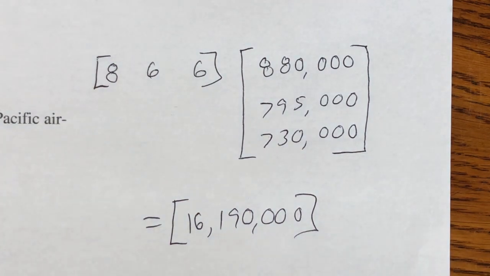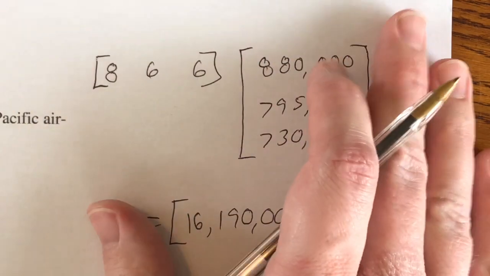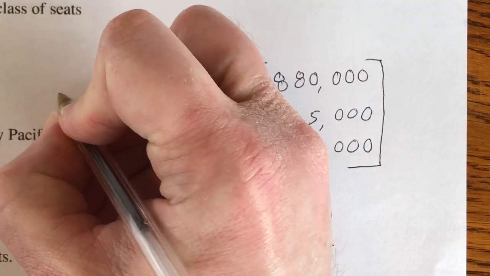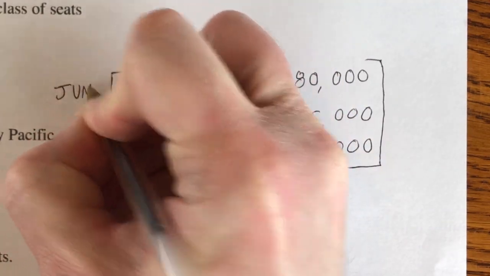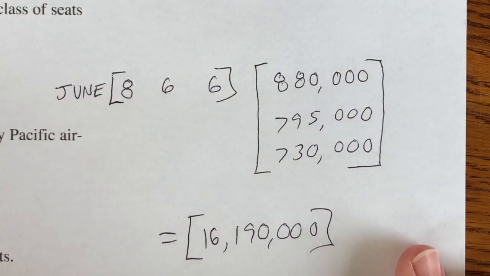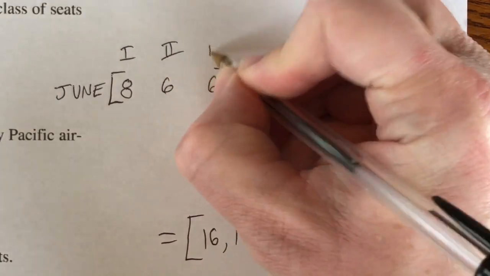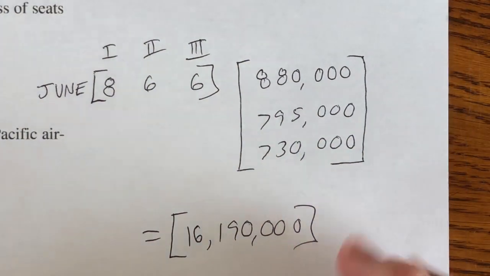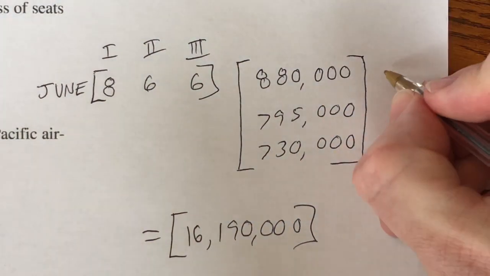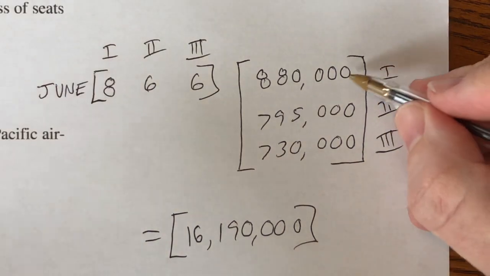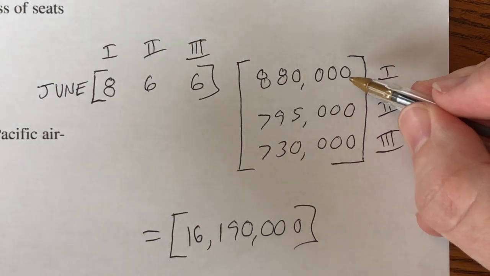Now, this represents what? Well, first of all, this matrix, the units would be the number of all flight type 1, flight type 2, flight type 3 in the month of June. And this is representative of flight 1, flight 2, flight 3 in terms of the fare that the airline is getting from every passenger.